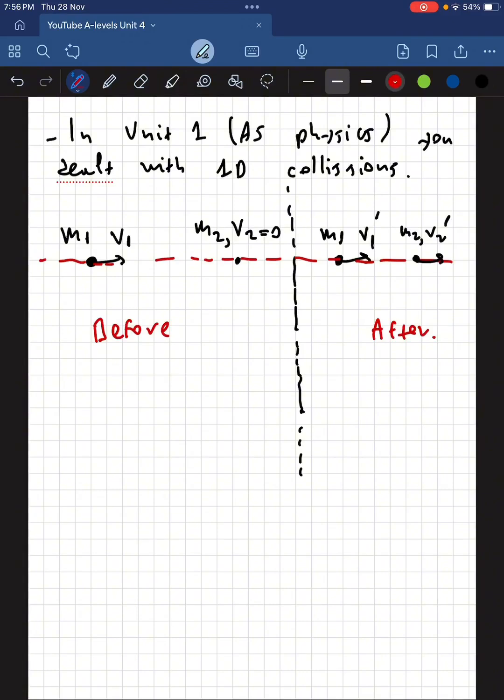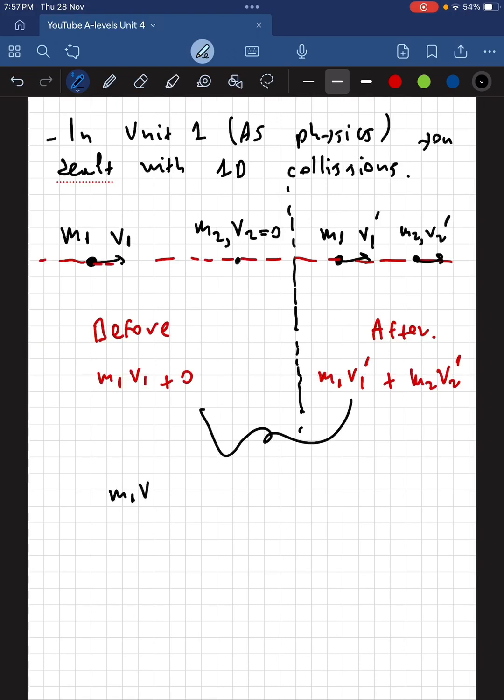So the conservation of momentum still applies. For the before condition, what are the momenta? We have m1 v1 plus 0. Afterwards, we have m1 v1 prime, which is the momentum of the first ball, plus m2 v2 prime, which is the momentum of the second ball. If we combine these, we find m1 v1 must be equal to m1 v1 prime plus m2 v2 prime.